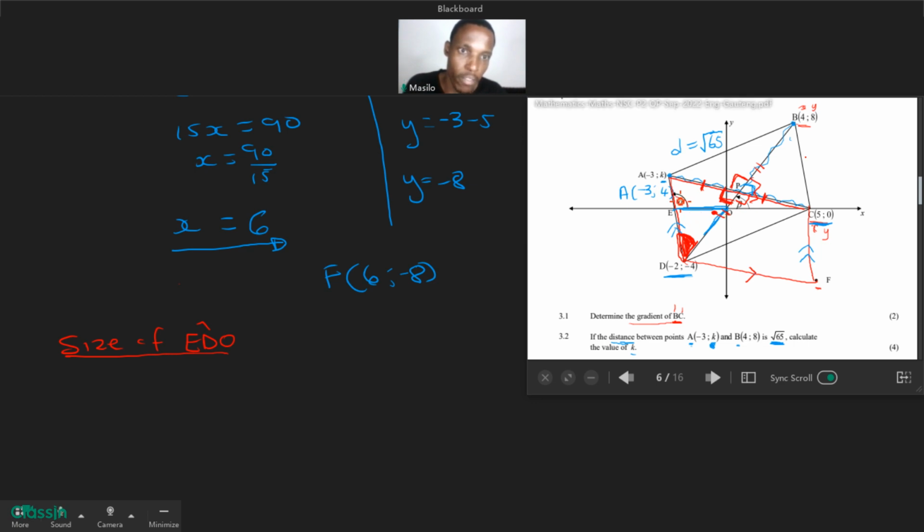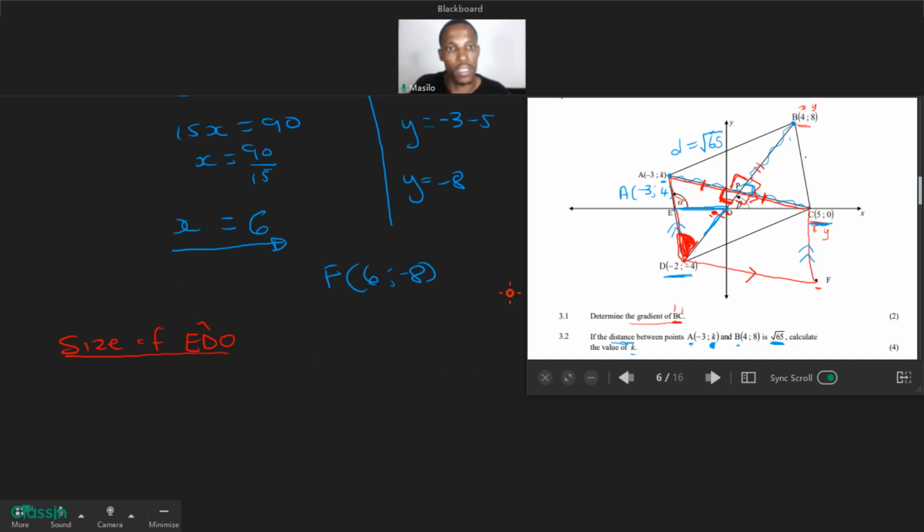Then from there, we find alpha, which is the exterior angle of this small triangle. Then alpha minus this angle plus this angle.